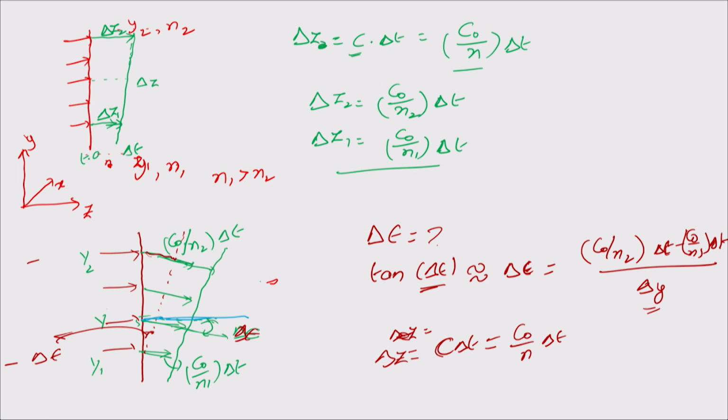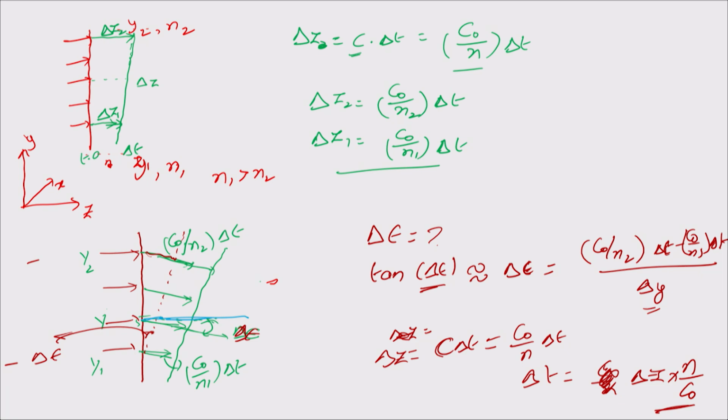So using this, delta t is simply delta z times n by c naught, sorry.